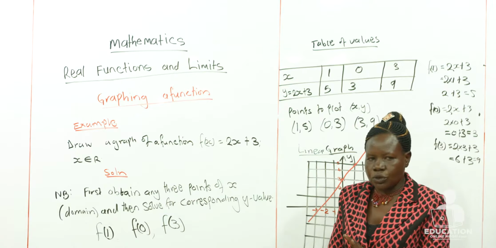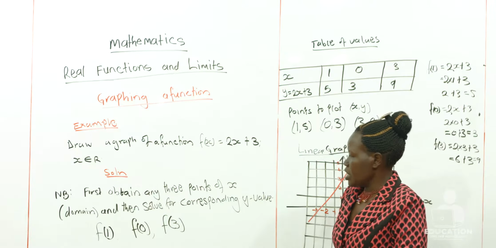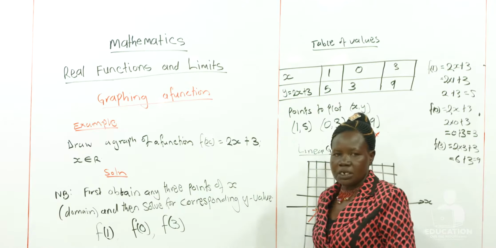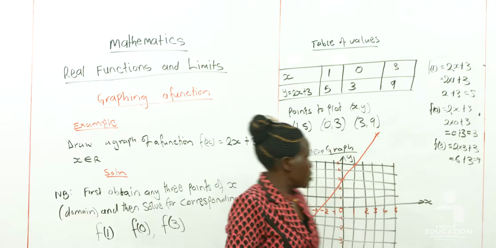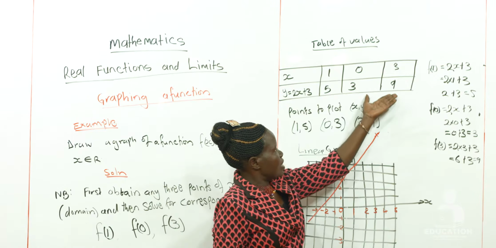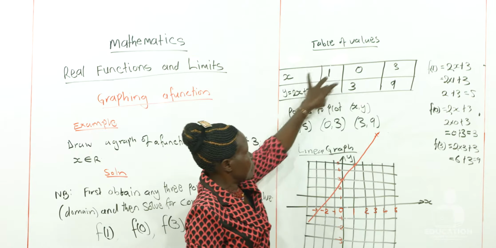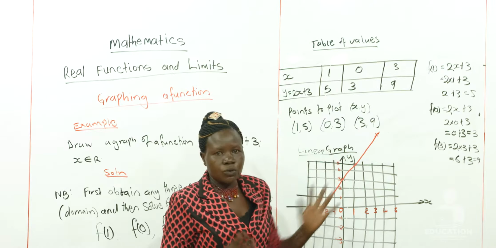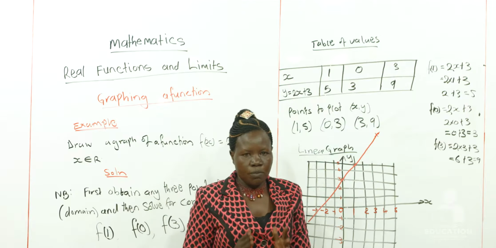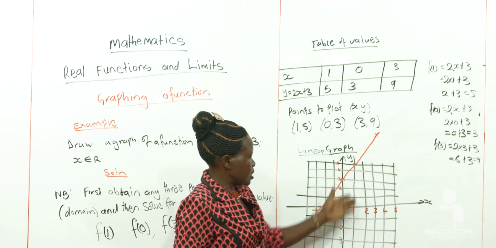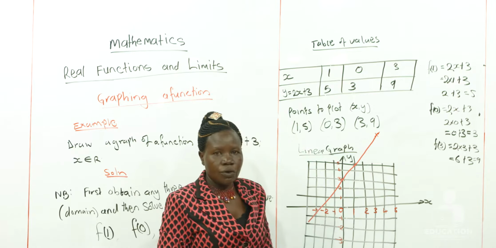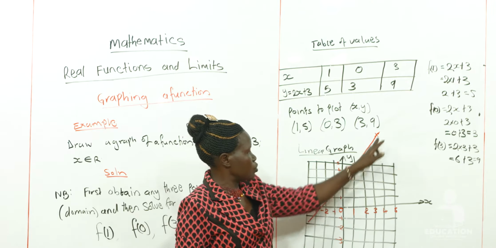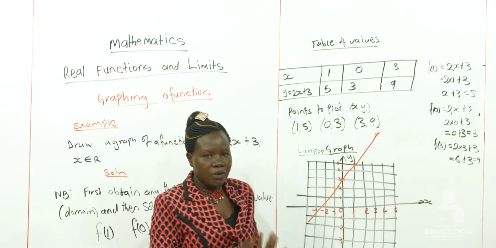Substitute the values of x in the given function so that you can get the y value. After that, you draw your table of values and you pair them up. As you pair them, it enables you to get the points to plot. And then lastly, you plot your graph, and after plotting, make sure that you join the points with a line.